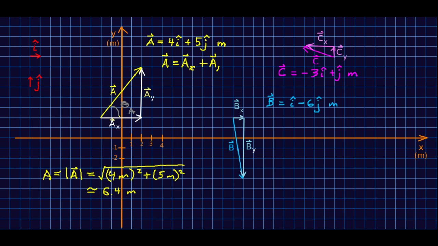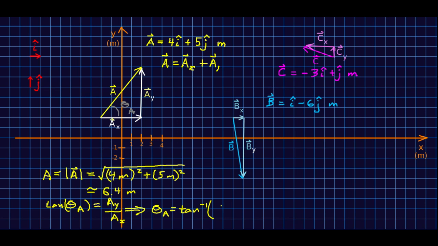And what we know is that tan of theta a is the opposite over the adjacent. So that would be ay, the y component, over ax.